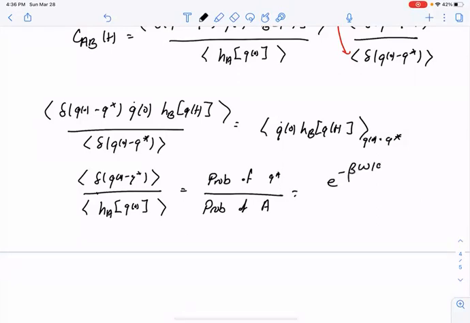So the probability of seeing Q star is just e to the minus beta omega of Q star. The probability of being in A is also just given by that Boltzmann factor, but now I need to integrate over all the different ways I can be in Q and also be in the region defined by A.